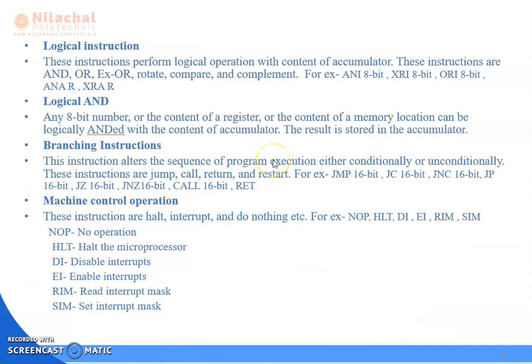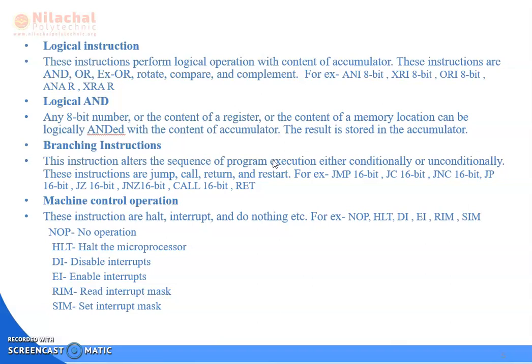Next, logical instructions. These instructions perform logical operations with the content of accumulator. These instructions are AND, OR, XOR, rotate, compare and complement. For example, ANI 8-bit means AND the 8-bit data with the content of accumulator. Then XRI 8-bit means XOR the 8-bit data with the content of accumulator immediately.